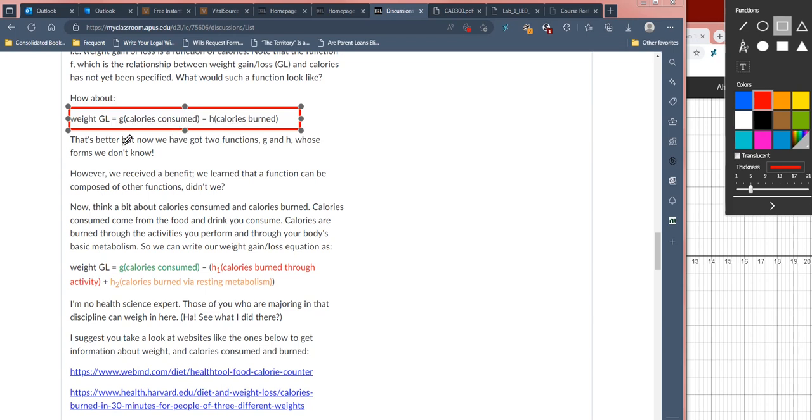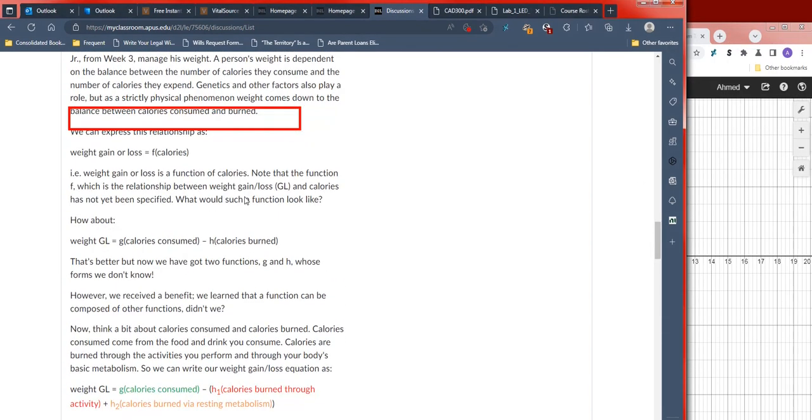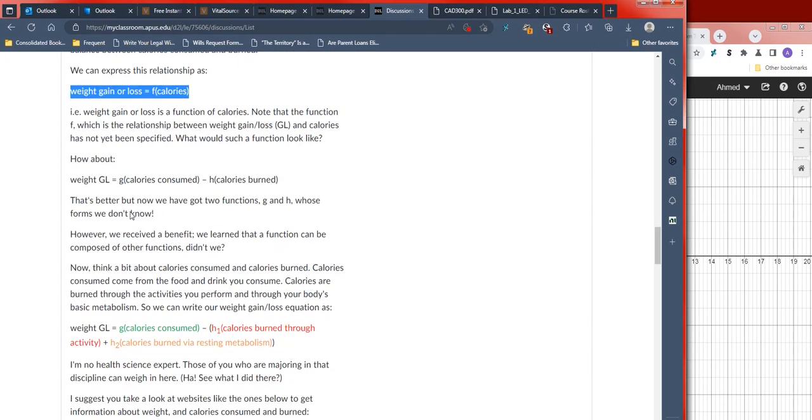Okay, so we started out back here with simply a single function, right? Let me just erase this from the screen here. I guess it's easier to do it this way. A single function, and now we've got two functions. Weight is a function of both the calories consumed and the calories burnt. And those two functions were subsumed within this single function here.